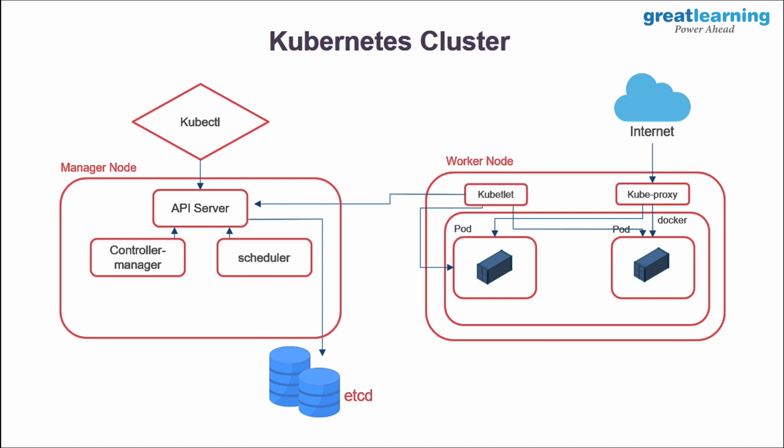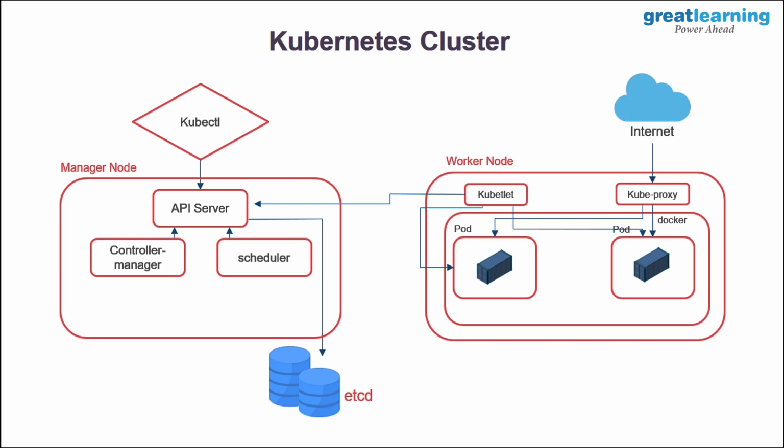Like if you want to update a particular product or a particular project or app, you will send that request, and it will go to the kubelet, and from there it's basically going to apply the changes, whatever there are. So basically kubelet is responsible for managing all the pods. So these are the different parts within your manager node as well as your worker node. So I hope you guys understood what they were.